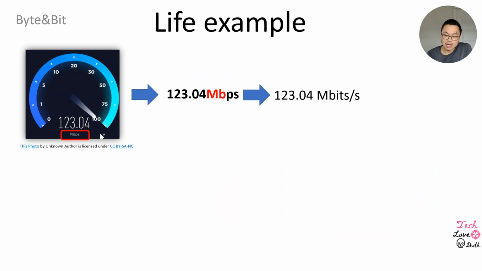Let's take a look at how to distinguish them and convert them to each other. This graph shows the result of internet speed test. We can see that the internet rate is 123.04 Mbps. Please note that the b here is a lowercase b, small b. What's more, this is just an abbreviation.